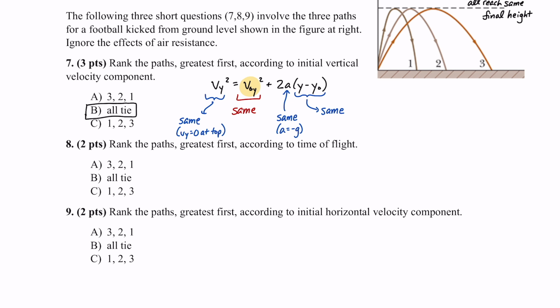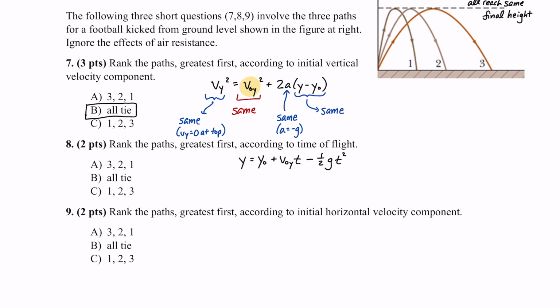The second conceptual question asks us to rank the paths according to the time of flight. Going to a new kinematic equation, we can answer that. But I'm going to already substitute in negative g for the acceleration, because I'm looking at motion in the y direction, because that's what's going to set how long the objects are in the air.